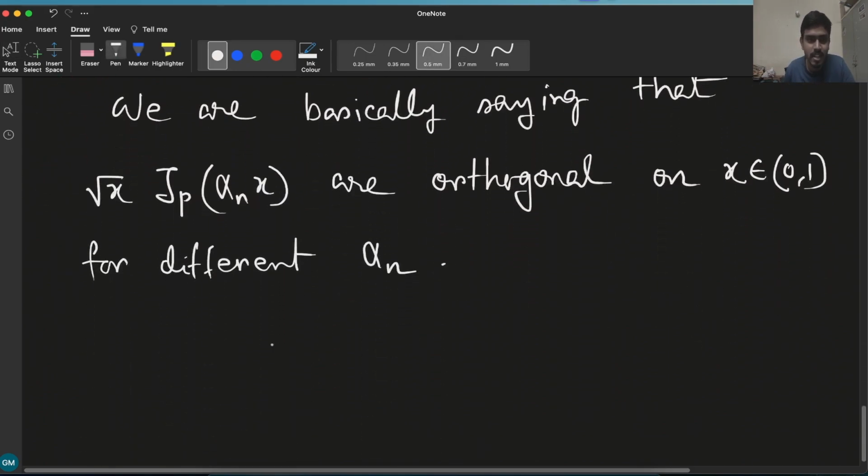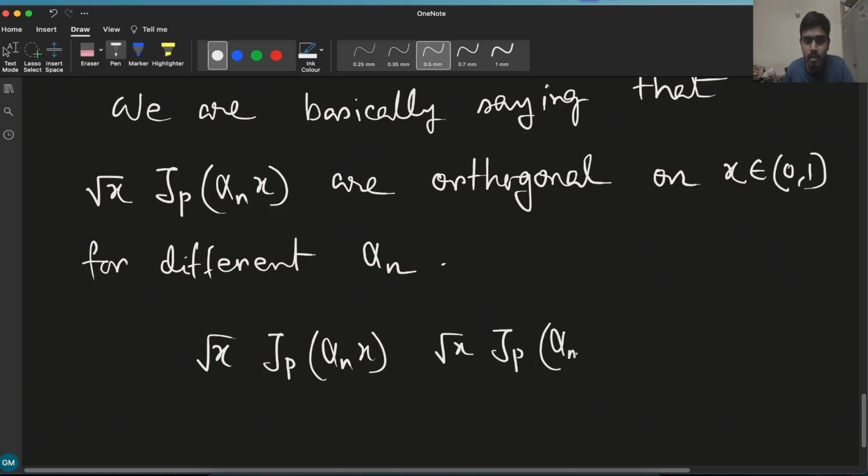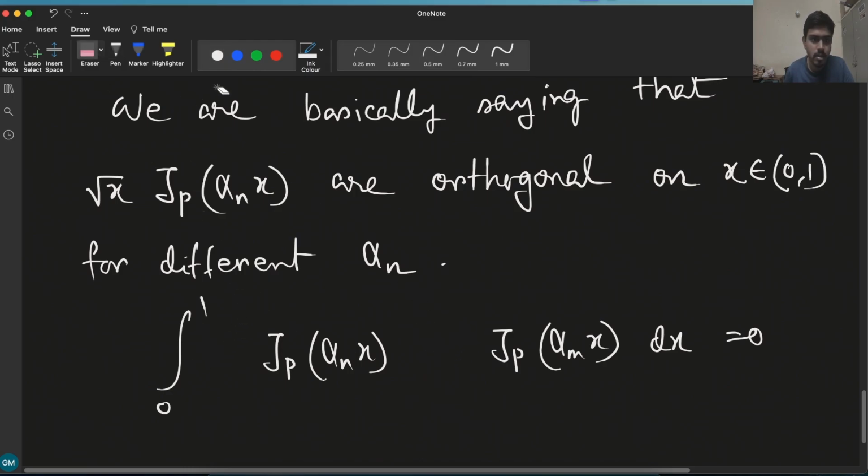So it means basically this root under x Jp(alpha n x) times root under x Jp(alpha m x) dx equals 0, integration from 0 to 1. And this root x, if I multiply them, then this is just x.